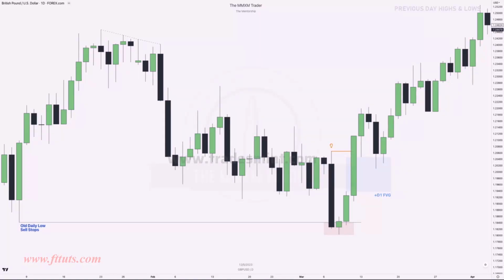Now let's annotate a break of structure, right? Over here this was the last swing high in this down move, and it got taken out by this big bullish candle. Now this is significant because we already took out this old daily low, right?